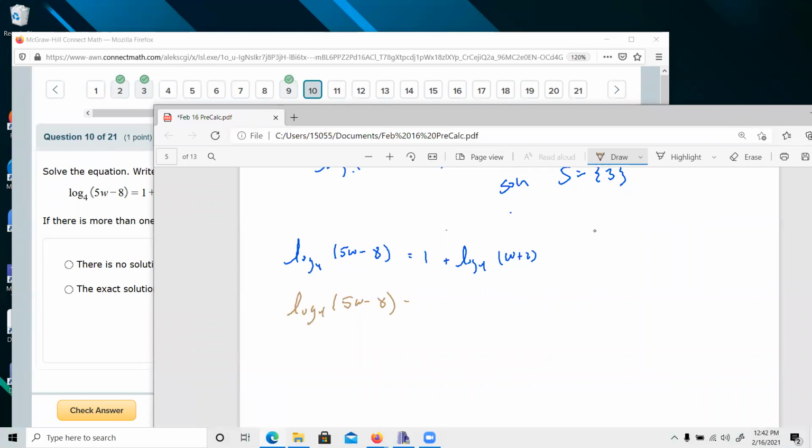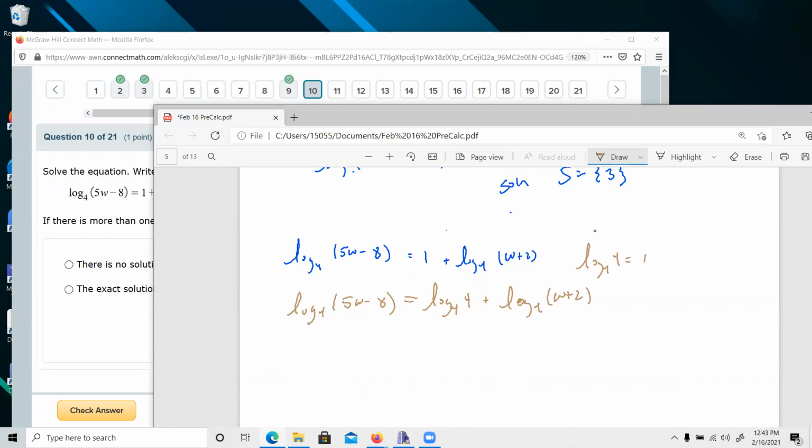So instead I'm going to say, well, log base 4 of 4 is equal to 1, isn't it? 4 raised to what power is equal to 4? So here we have log base 4 of 4 plus log base 4 of w plus 2.